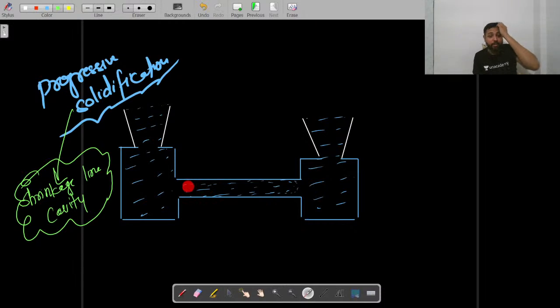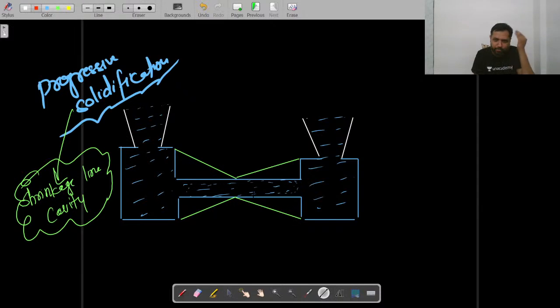So instead of making the thinner section like this, we'll be tapering it towards the thicker section. This is how the cavity will be made, tapered one. This is the molten metal right down there.